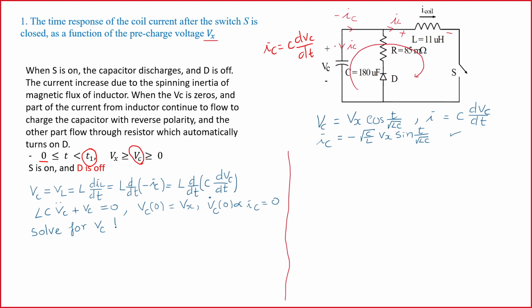It means IC goes this way, which you assume. But in this case the capacitor discharges, and the current flows this way, which is minus IC. So actually IL is the same as minus IC.